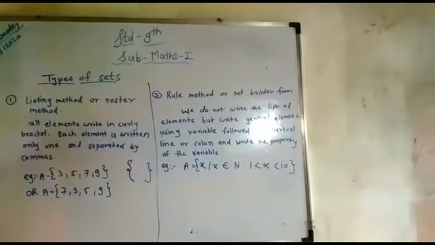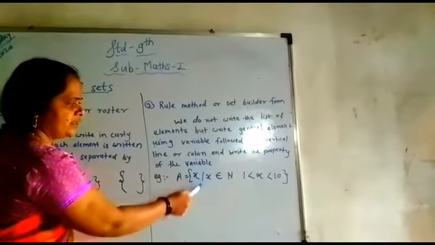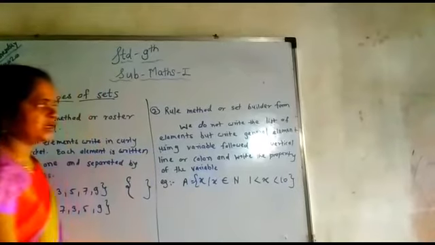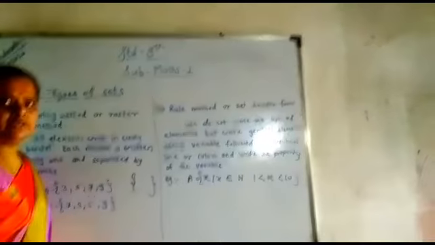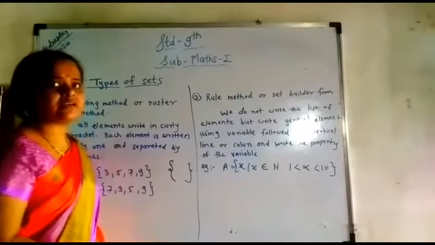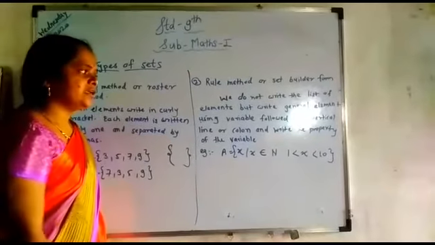In that we write the variable, that is x, then a vertical line, also called a colon, and then write the property of the variable. Property means these numbers are natural numbers, whole numbers, or integers.